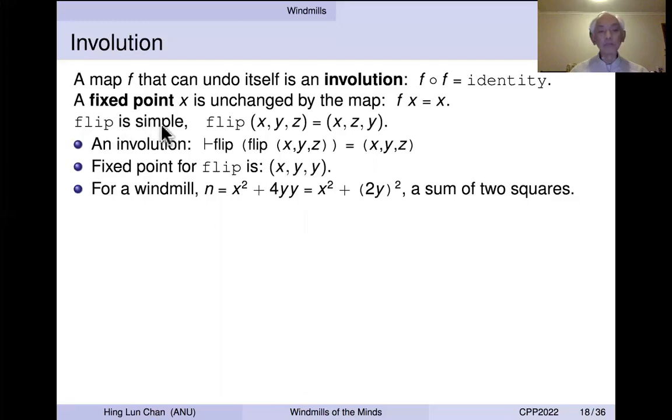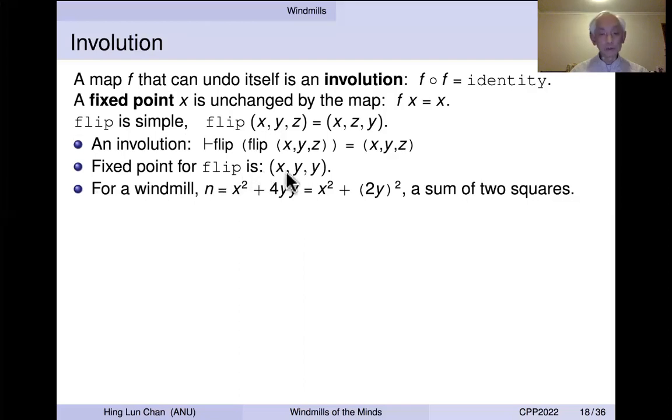Flip is a simple involution, all right? And this is the expression as we have seen, just swapping the last two components. And we can prove it, formalize it. And a fixed point is of this form, x, y, y.